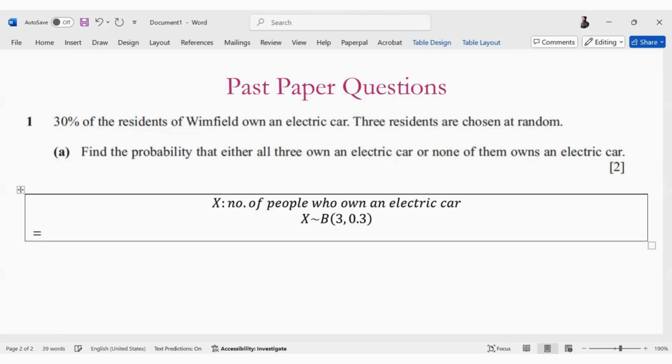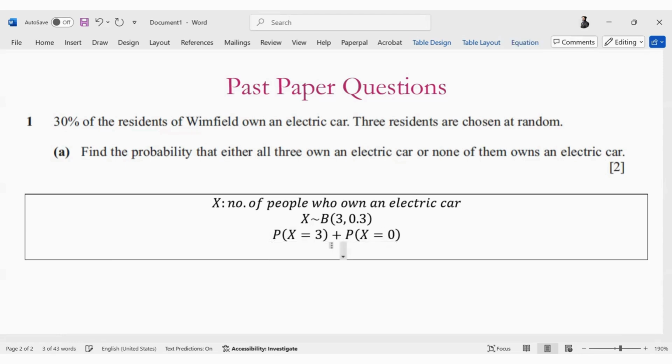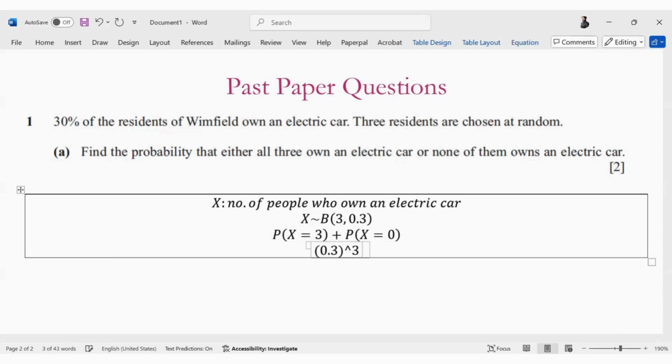So the question is asking that either all 3 own a car or none of them. So either I get 3 successes, or I get all 3 failures.